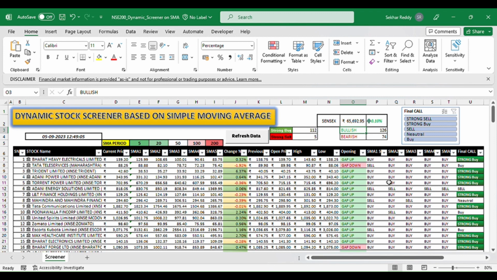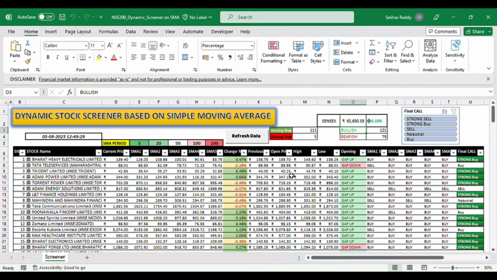Basically the screener is beneficial for those who are taking decisions or doing short term or long term trading, based on simple moving average or technical analysis. Let me refresh the data again.